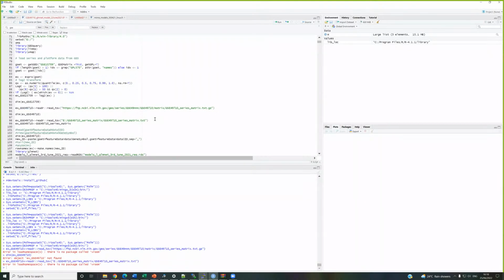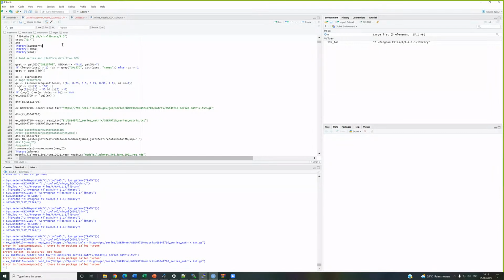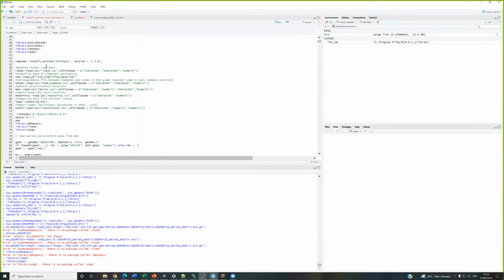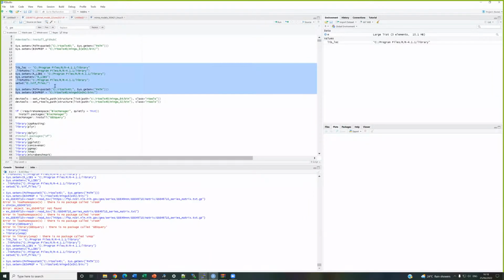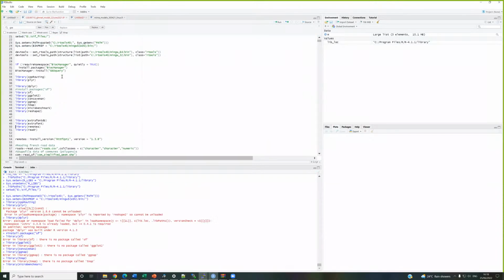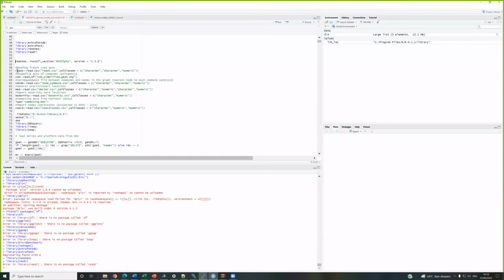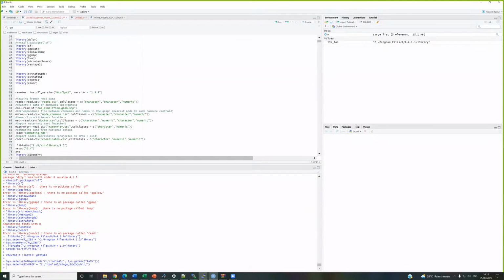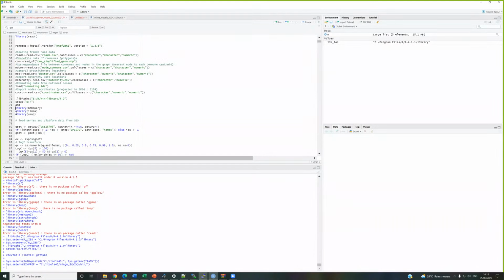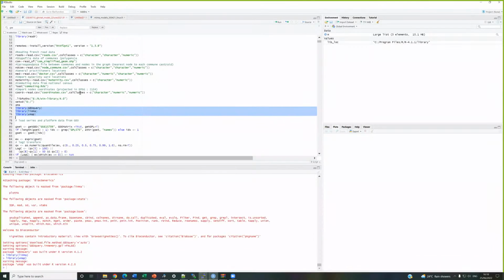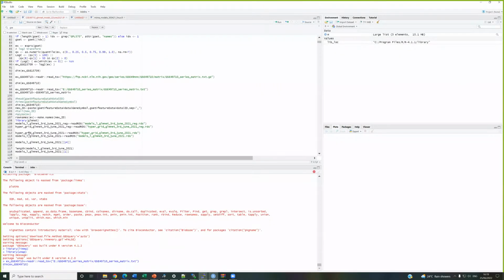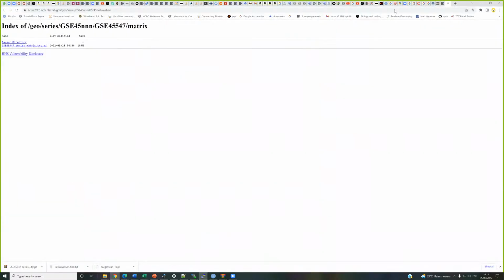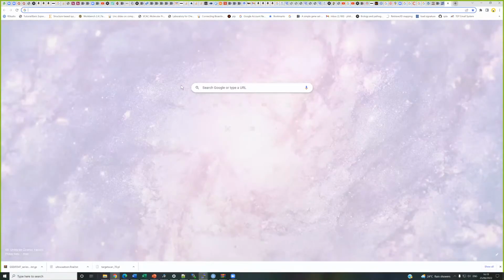Let me just open one. So this is called R. Once you see the data set, I think it should be very easy for you to follow what we do. Okay, it's opening.